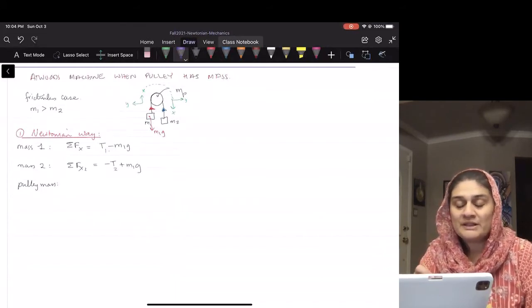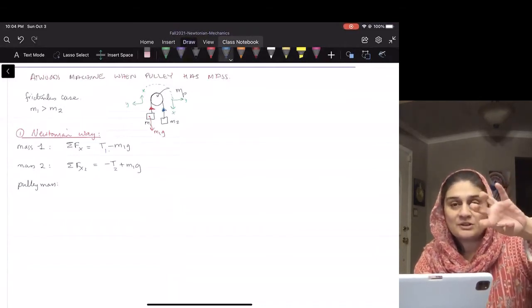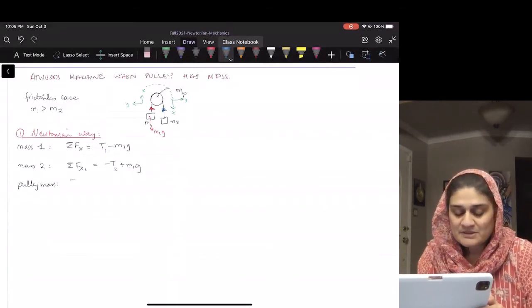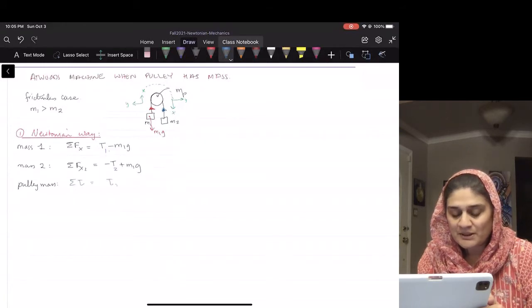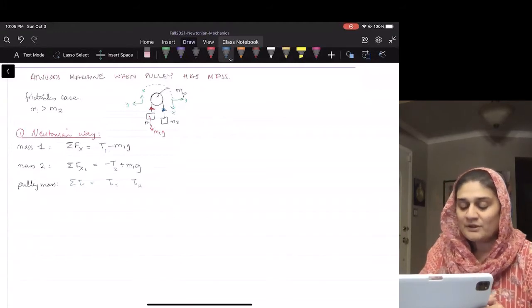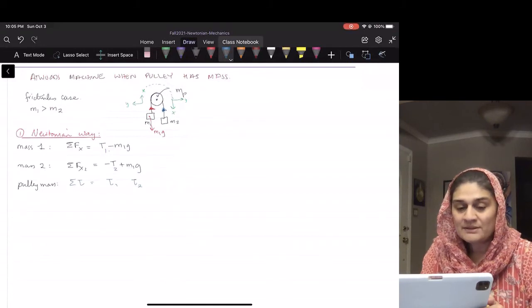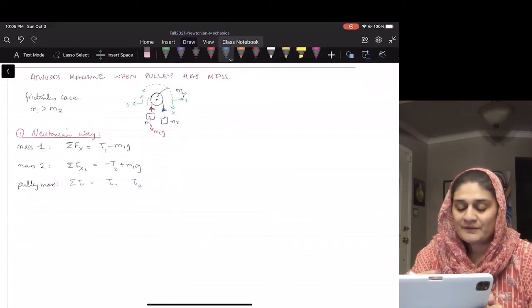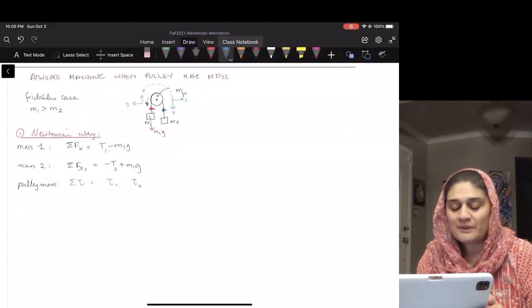Now the pulley does cause a force, but that force is causing a rotational motion. So for that, the equation of motion will become sigma torque equals torque 1, torque 2. Now, if I look at this pulley here, my M1 is causing what kind of a torque? Counterclockwise torque.